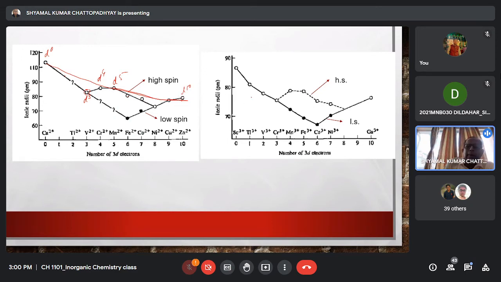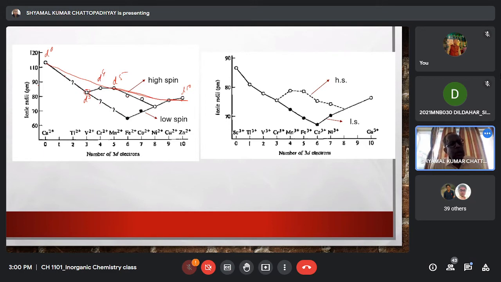So both curves can be explained using the CFSE model. If I go to the low spin system, from d3 to d4 the CFSE increases, d4 to d5 the CFSE increases, d5 to d6 the CFSE increases. So there is continuous increase of the CFSE, and as a result the radius correspondingly decreases.